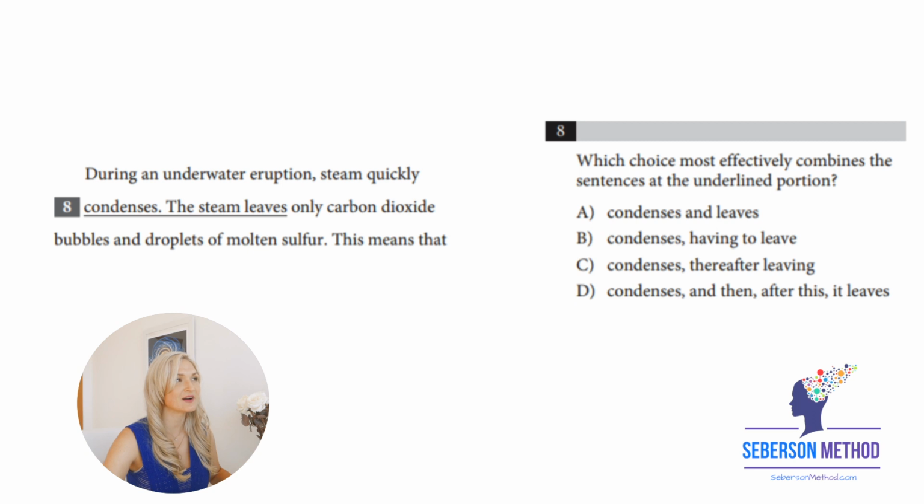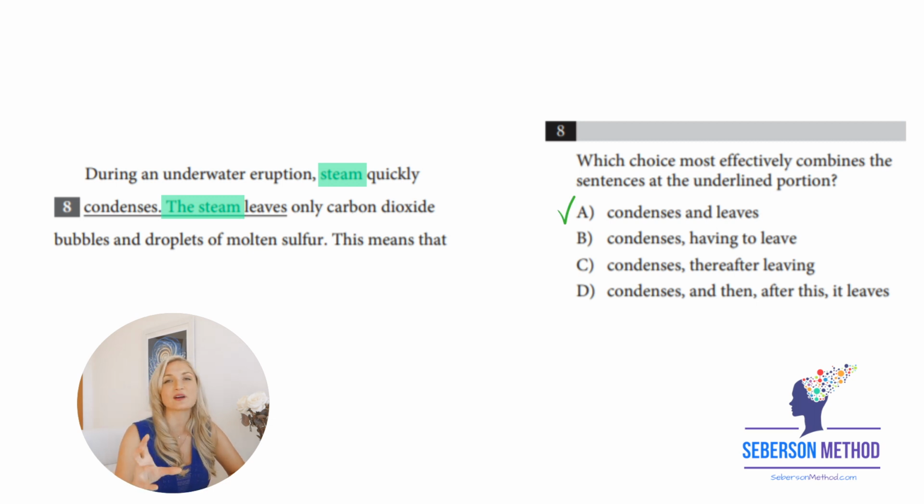The steam leaves only carbon dioxide bubbles and droplets of molten sulfur. Do you see the redundancy here? The subjects of these two sentences are identical. Steam, the steam. In situations like that, the best course of action is to eliminate the second subject and just place and in front of a verb. Steam quickly condenses and leaves only carbon dioxide bubbles and droplets of molten sulfur.